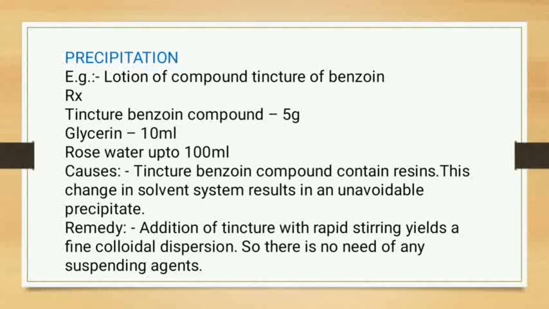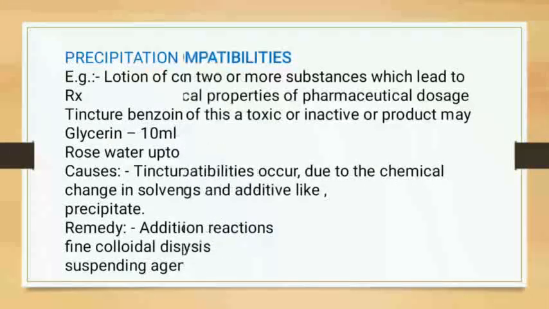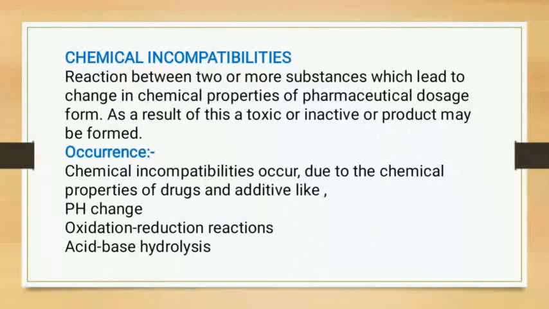Okay, now moving further to the next one, that is chemical incompatibilities. So students, it is a reaction between two or more substances which leads to a change in chemical properties of the pharmaceutical dosage form. As a result of this, a toxic or inactive product may be formed.